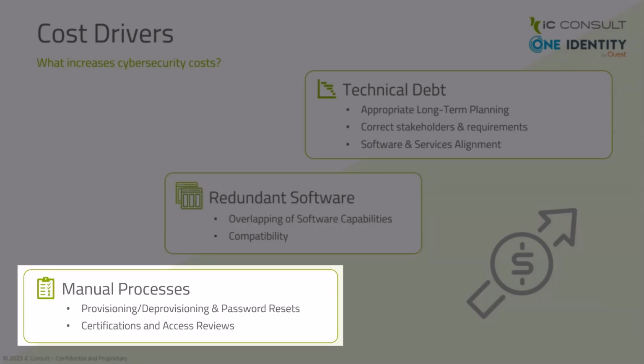And this trickles down to manual processes where you're going to have increased calls to the help desk for password resets because the redundant software lacks compatibility with your IGA solution. And you're also going to have increased requests for manual provisioning, deprovisioning. You're going to have more applications that need to be certified and additional access requests.